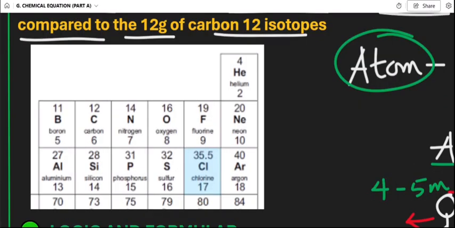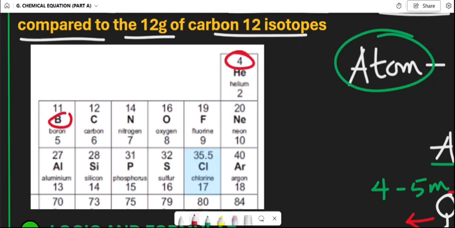On the chart here, we have elements and their weight. I will give you a logic you can use to determine elements and their weight. But for now, let's look at this example. This is helium, and on helium, the atomic number is at the bottom, which is 2, but the weight is written at the top, which is given as 4.